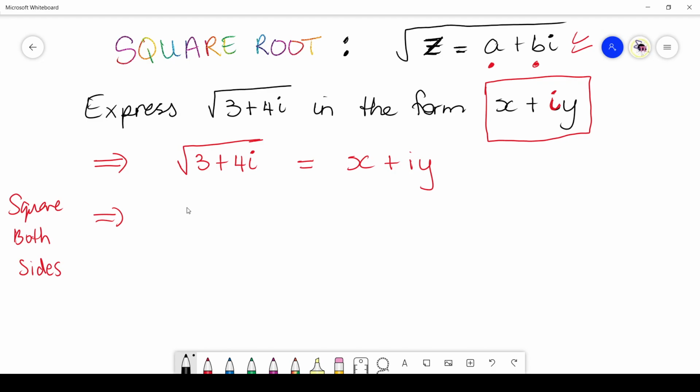So squaring both sides will give us 3 plus 4i. So the square root sign just goes away. And if you were to square this, you would get x plus iy all squared. Now there's a shortcut to square this.